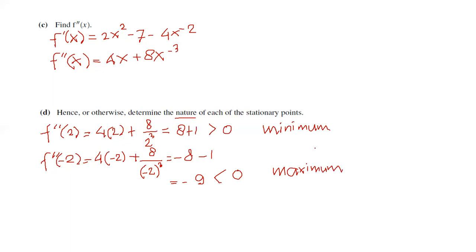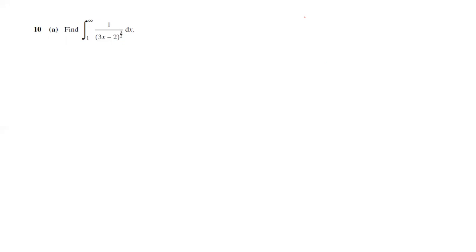Okay. Next, for number 10, this integration. Okay, we're going to find this integration. I will change it like this: 3x minus 2 to the power negative 3/2 dx, with the upper limit infinity and the lower limit 1.